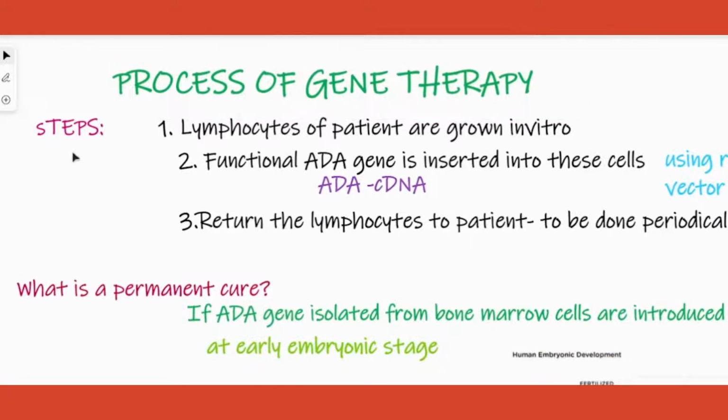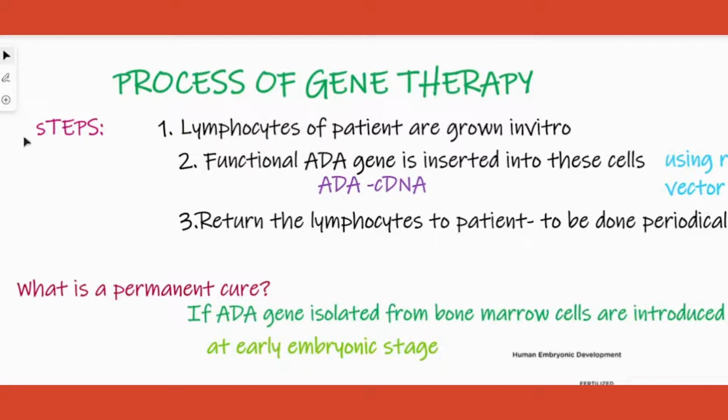So what are the steps that are included in gene therapy of this particular disorder? First and foremost, we need to grow lymphocyte cells of the patient. So what are lymphocytes? These are WBC cells that we need to extract from the blood of the patient. Then grow them in nutrient medium in the lab. In vitro means in the lab.